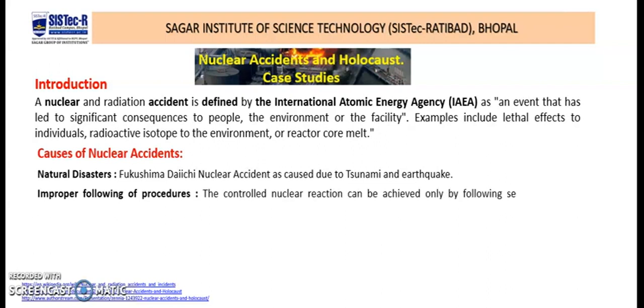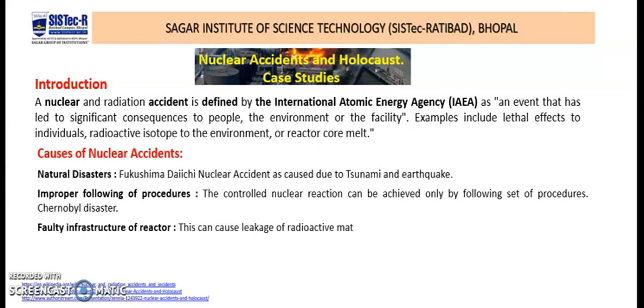Nuclear chain reaction can be uncontrolled due to improper following of procedures. For example, the Chernobyl disaster. Faulty infrastructure of the reactor can cause leakage of radioactive material. Malfunctioning of the system.